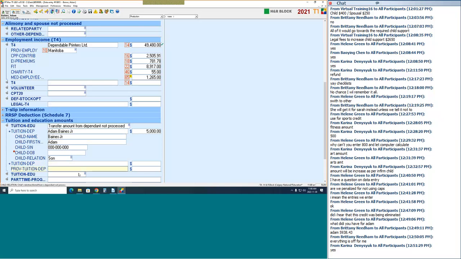Then for provincial, I'm going to do the same. And I'm going to say maybe provincially it's 3,400, and that would give him additional information here. I need a date of birth that kind of makes sense. Let's say 0202, 2004 would probably do it.